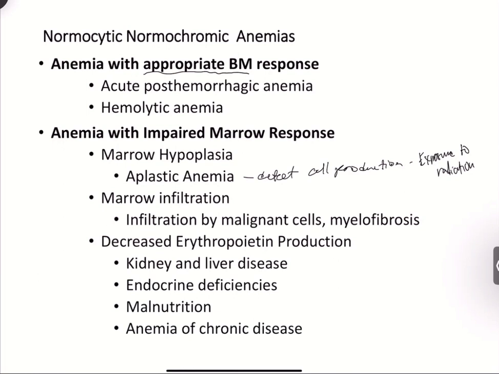Your EPO is the hormone responsible for signaling the production of your RBCs. That's why when EPO is depleted or not normally produced, you have a certain type of anemia, which is manifested as normocytic normochromic anemia.